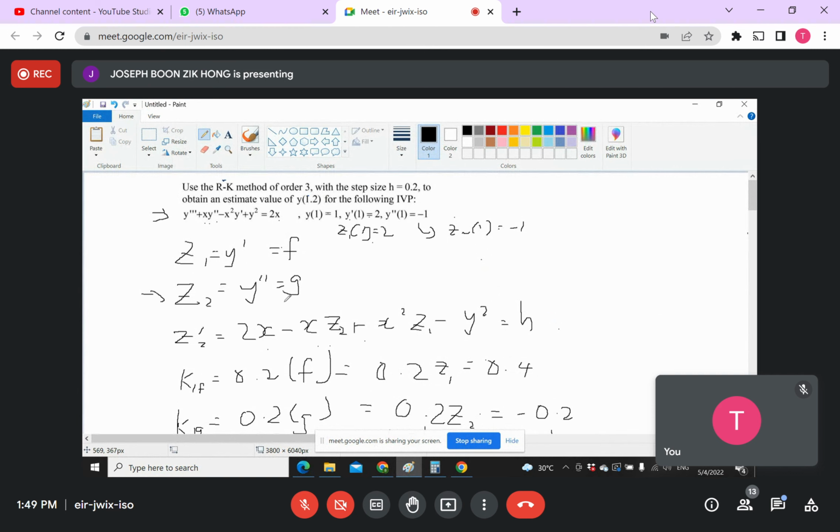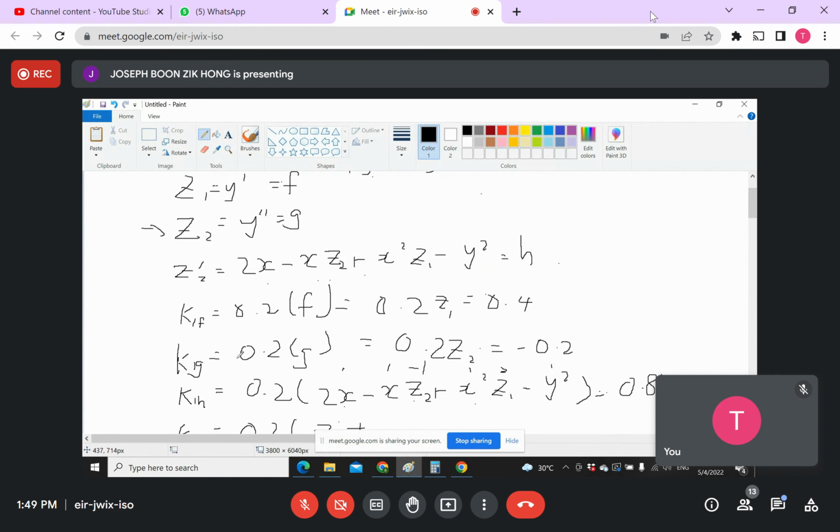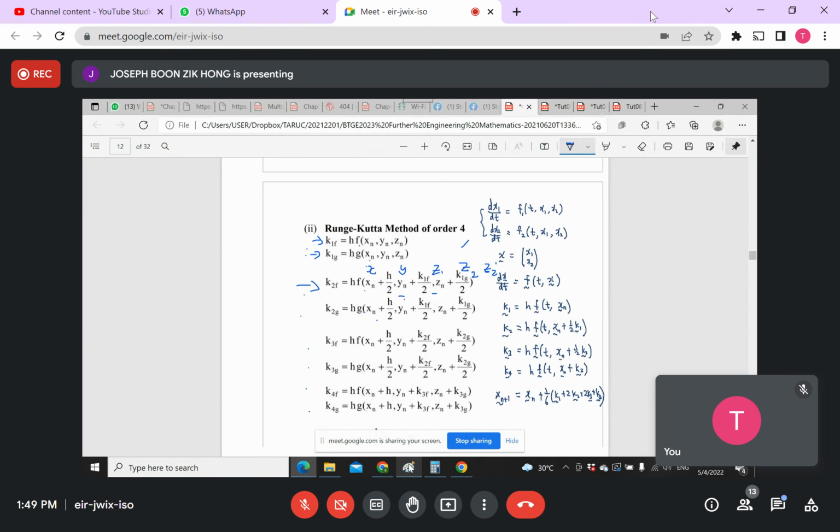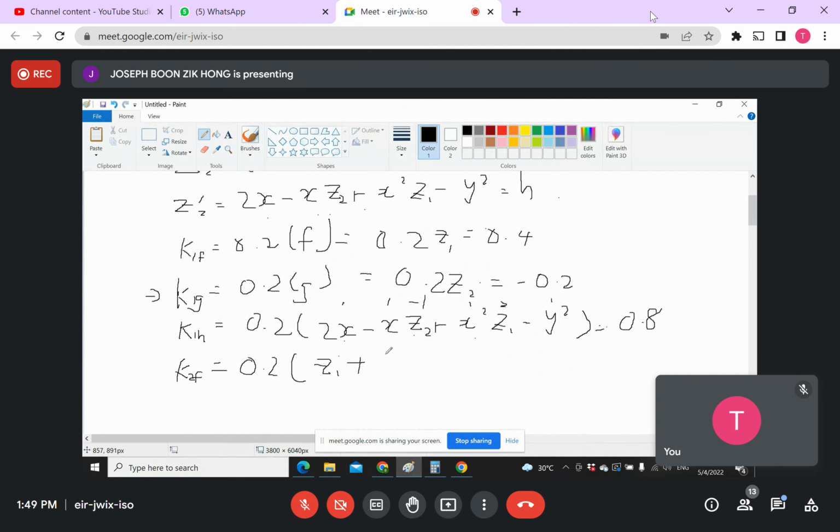So Z1 should be differentiate 1 times based on G. So that means your Z1 should be Z1 plus your K1G divided by 2, because you have to get the differentiate after differentiate. This one is represent the Z1 prime. This one is represent the Z2. Z2 is something Z1 differentiate. This one is represent the Z2 prime.